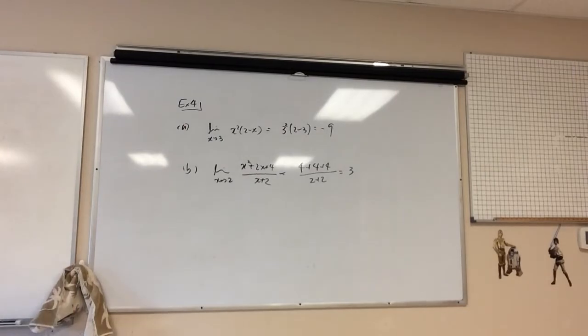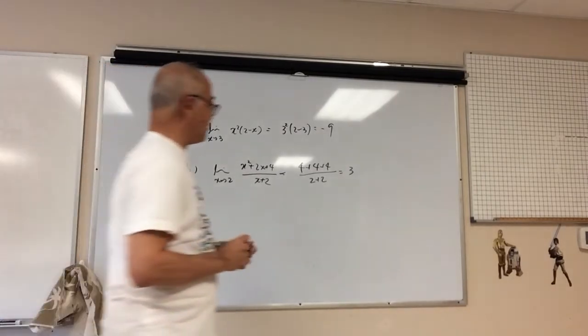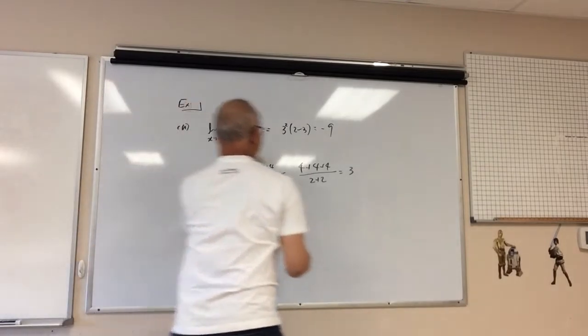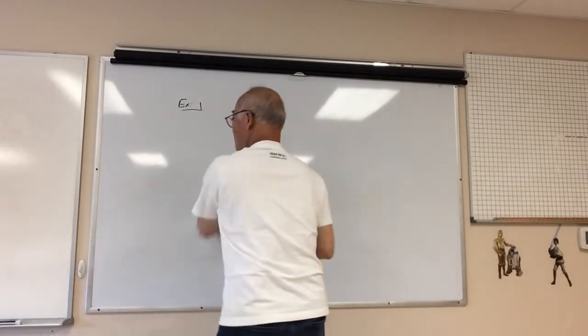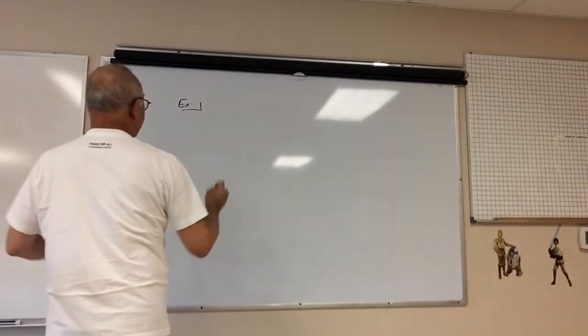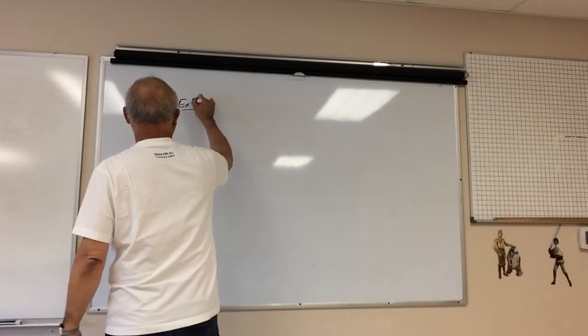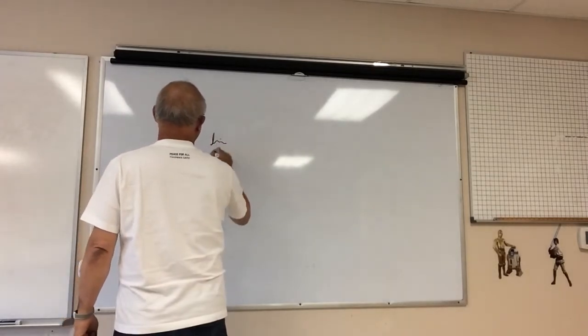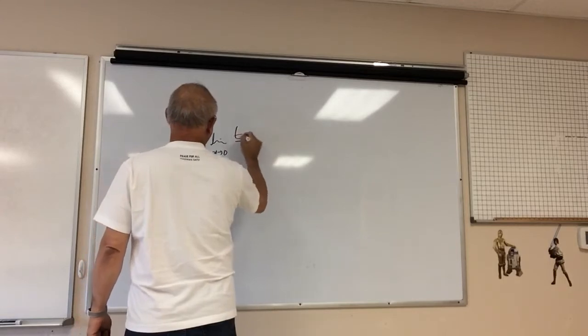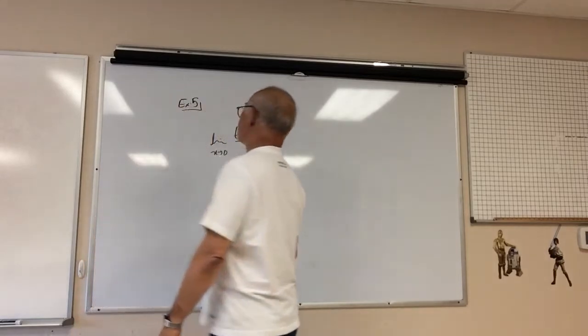Example number 5 is a little tricky. We want the limit as x approaches 0 of x over tangent x.